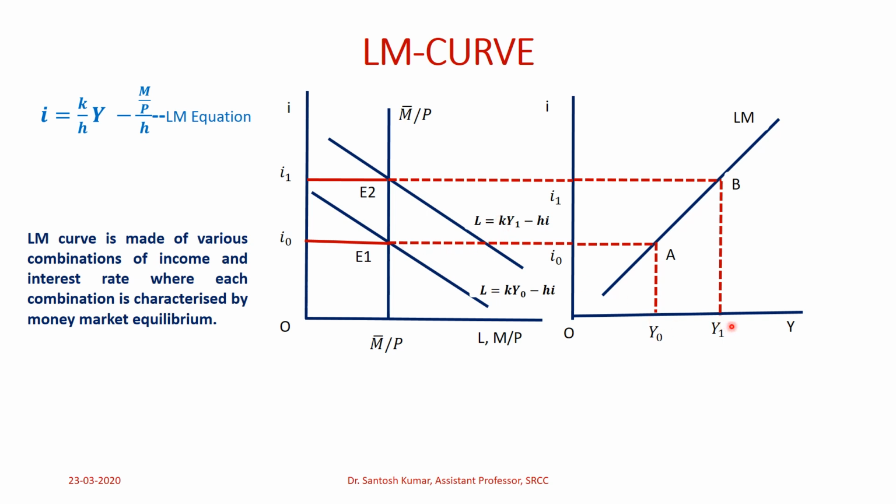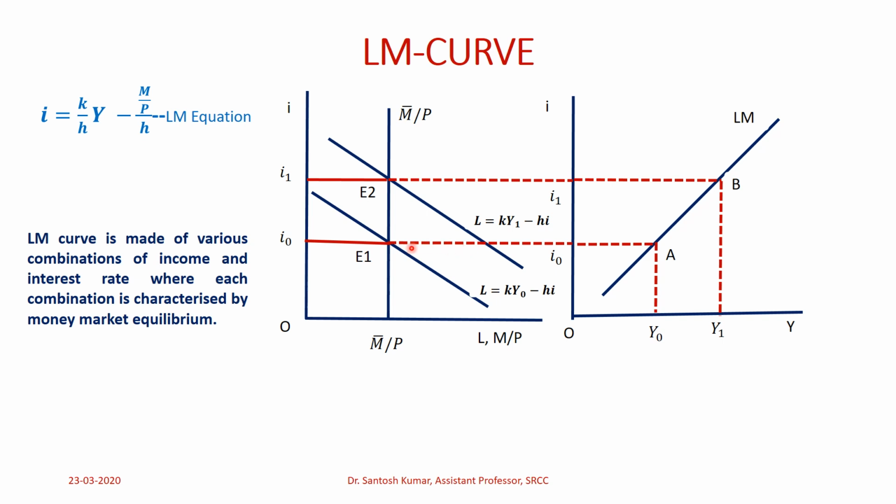And what is the rise in income? Y1 minus Y0, that is, OY1 minus OY0, to say it more properly. So your rightward shift of the money demand line would be exactly equal to K times delta Y. Delta Y is nothing but Y0 Y1.